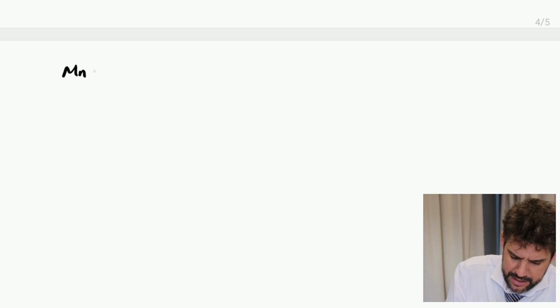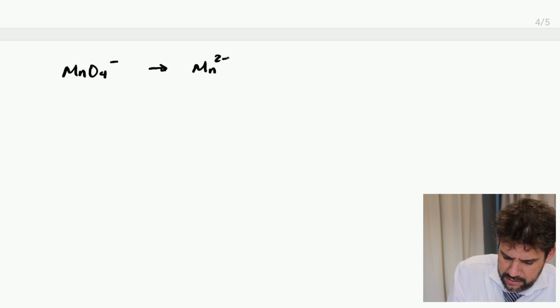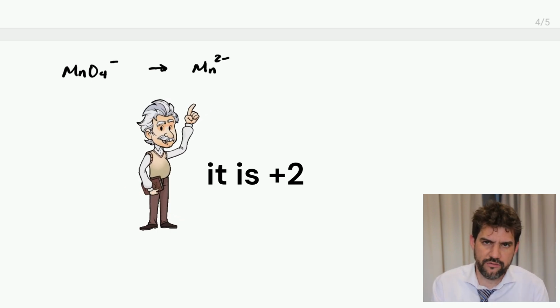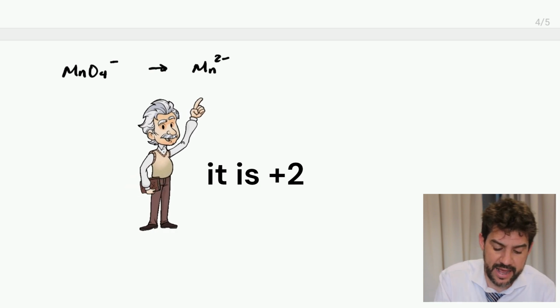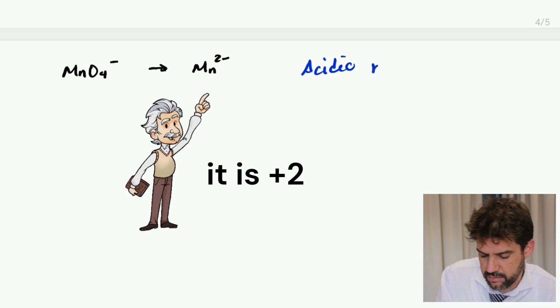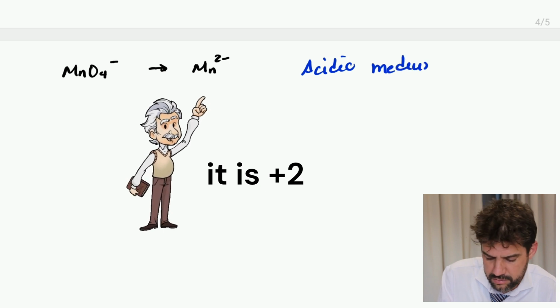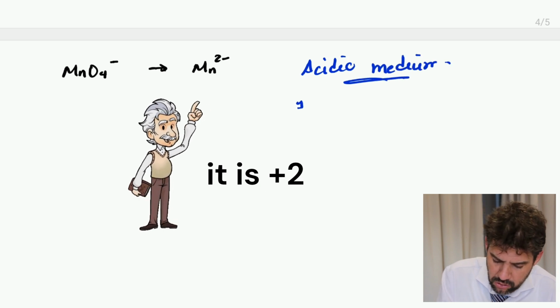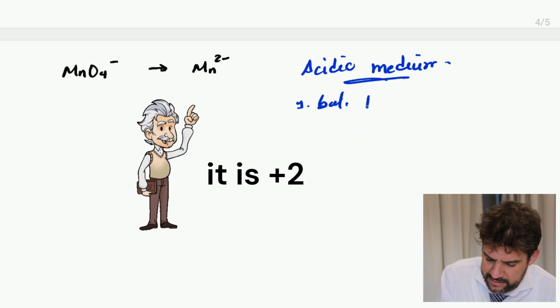It is MnO4-, and on the other side I have Mn2+. So we have to balance. Remember, this is happening in an acidic medium. We are going to balance. Number 1, balance the atoms.